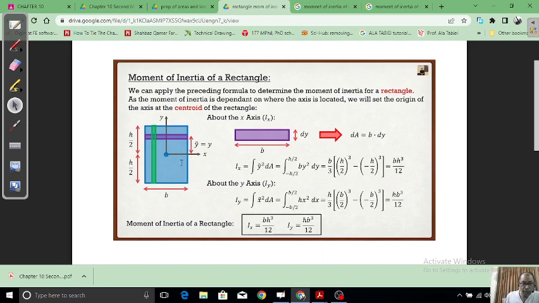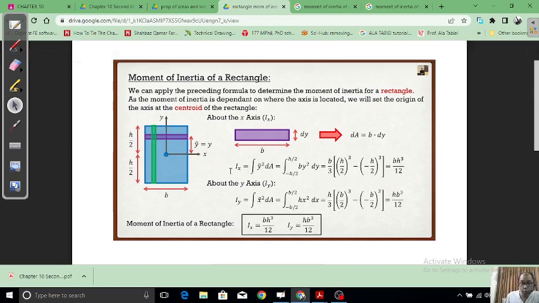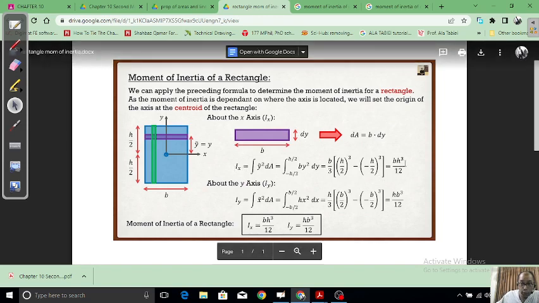If you take a horizontal strip to calculate Ix, the strip has width b and height dy. When we calculate it, Ix comes out to be b h cube over 12.